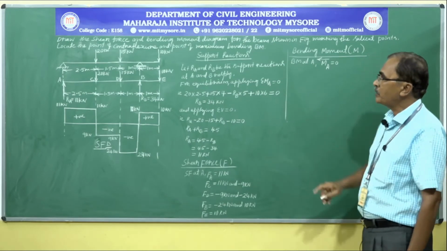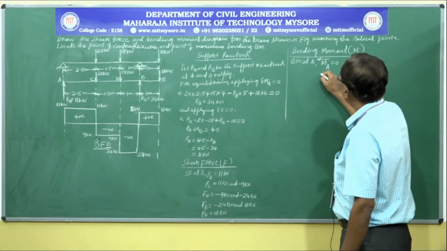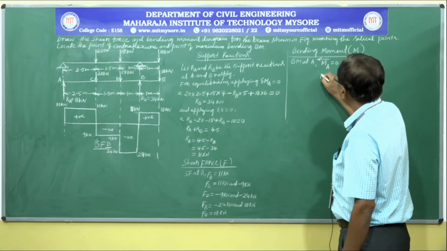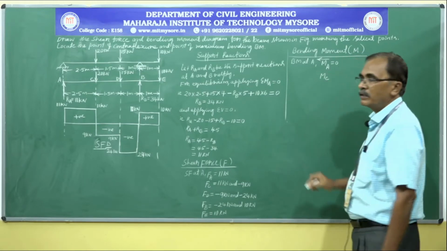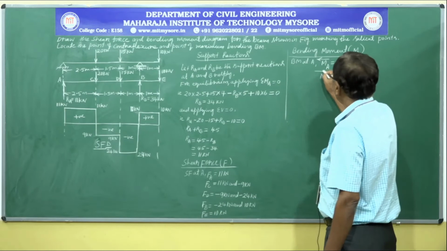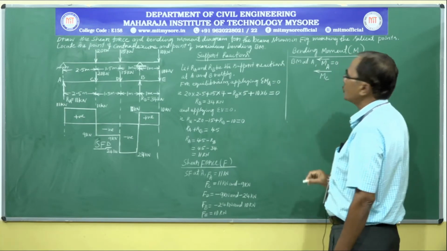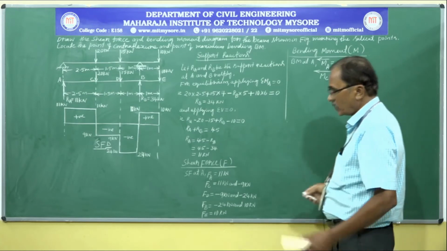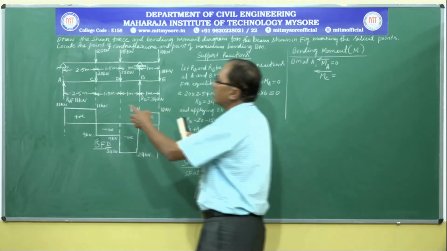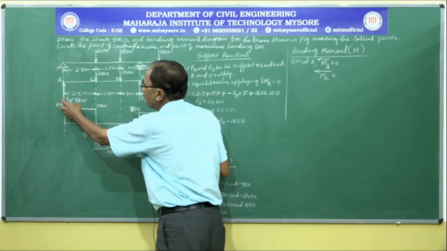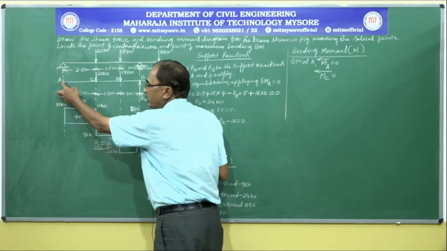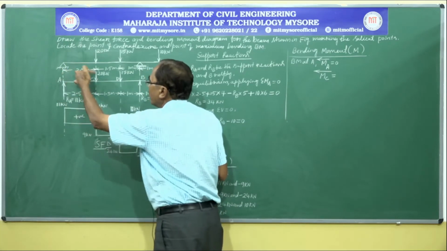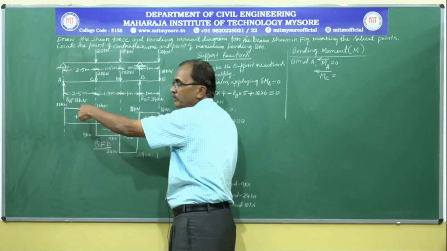The next point is C. Bending moment at point C, MC, by considering forces to the left hand side, is equal to: to the left of C there is a support reaction acting in the upward direction, and this support reaction will create a clockwise moment.